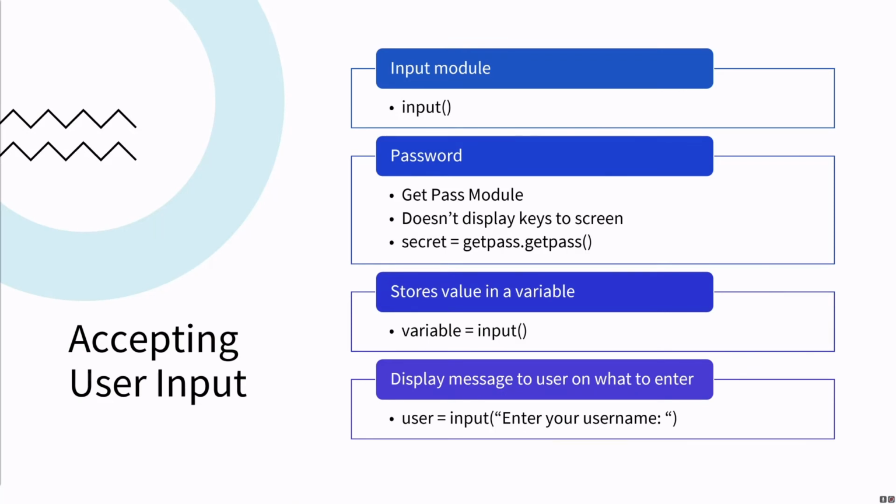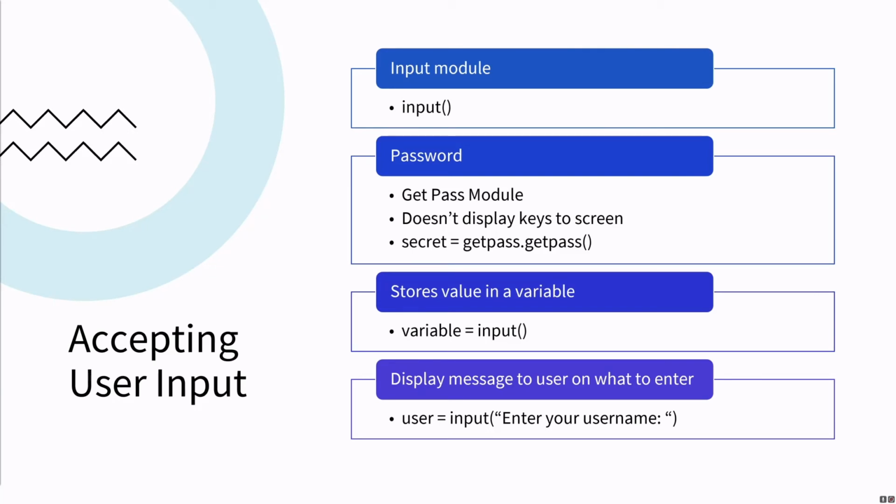The most common use case for this, when you start doing a lot of scripting towards vendor products and appliances, is using the input module to call for things like the username and password, which is how we're going to accept input from the user, by calling that input module.